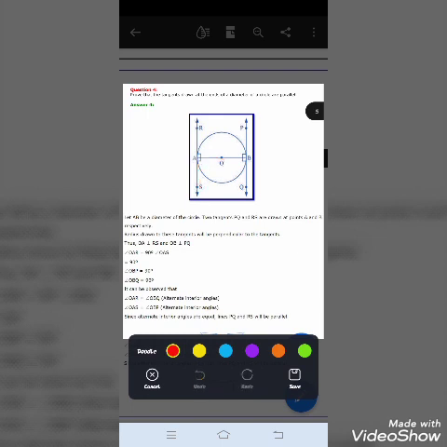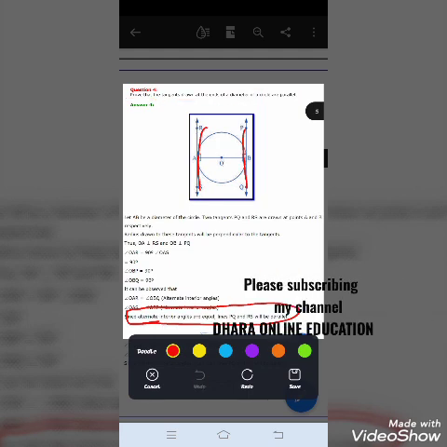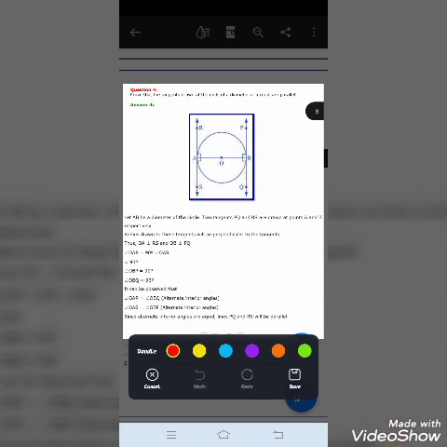So since alternate interior angles are equal, lines PQ and RS will be parallel to each other. This statement shows that both are parallel. So we have proved that the tangents drawn at the ends of a diameter of a circle are parallel to each other. Thank you.